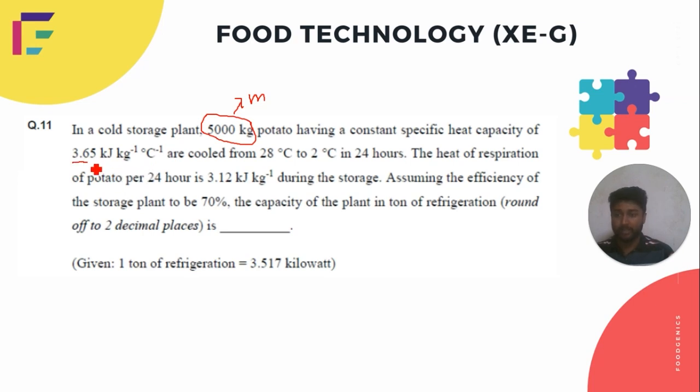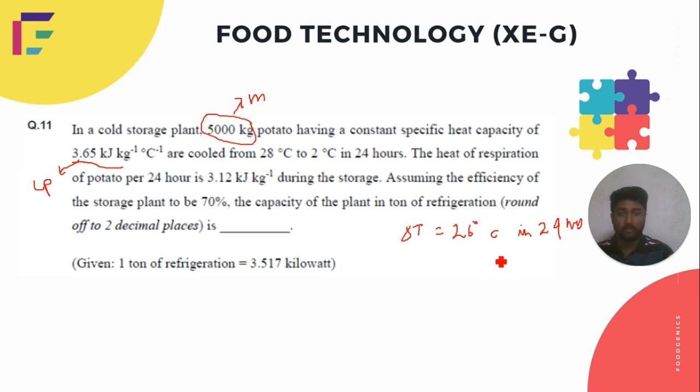So we have this value of Cp out here. Then it is cooled from 28 degrees Celsius to 2 degrees Celsius in 24 hours. So here we have a delta T of 26 degrees Celsius in 24 hours. Remember this, it is in 24 hours.